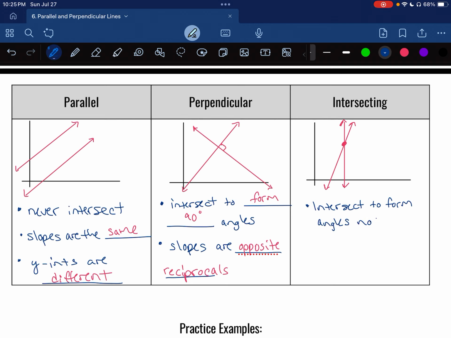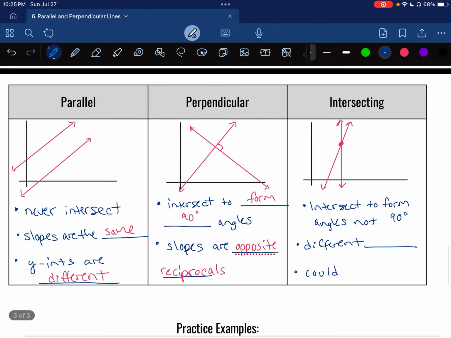They're going to have different slopes, but they could share the y-intercept. So if they intersect at only one spot, it just may be that that spot is the y-intercept, if that is the point of intersection.